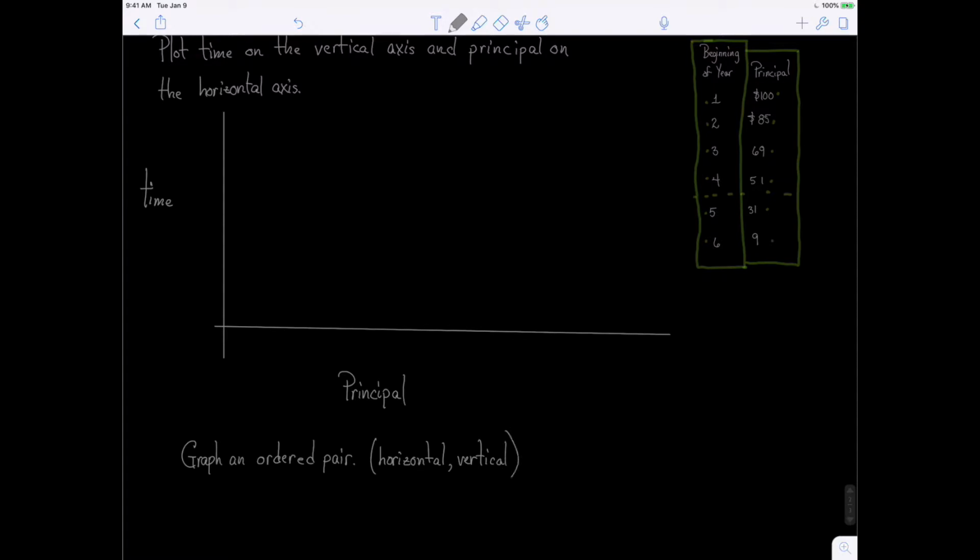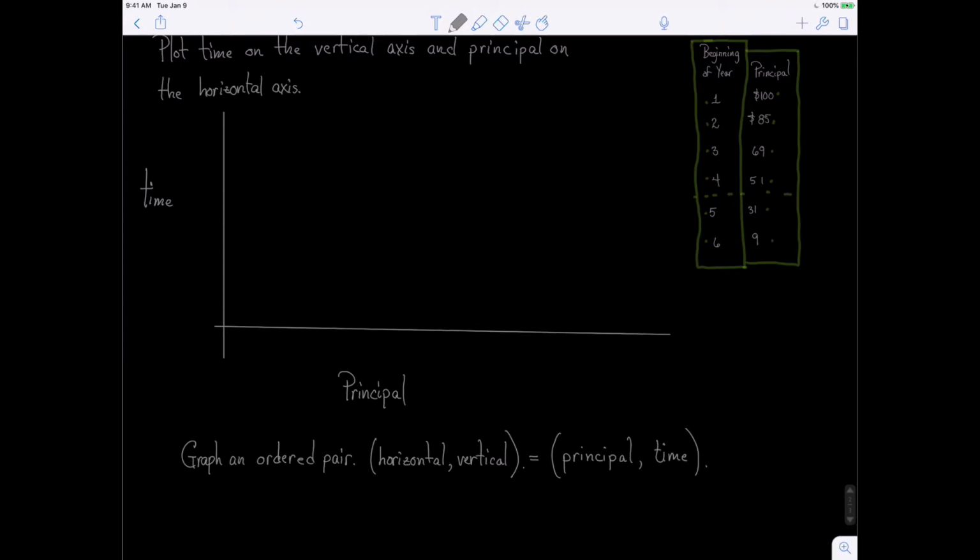It's always that way unless oddly expressed otherwise. So that means our ordered pairs are going to be principal and time.